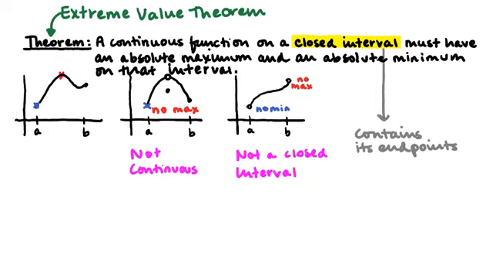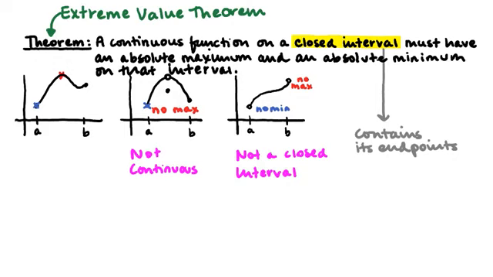We're not going to get too much into the topology of the real line in this course, it's beyond the scope of what we're doing here. But it does kind of contain its own endpoints because the real number line has no endpoints, so you can't say it doesn't contain its endpoints. So it's closed. We'll get to that.